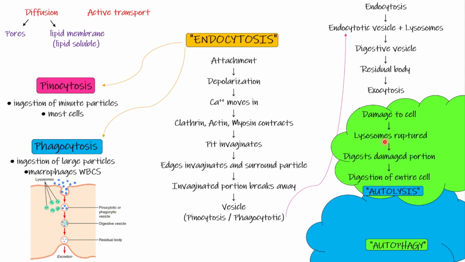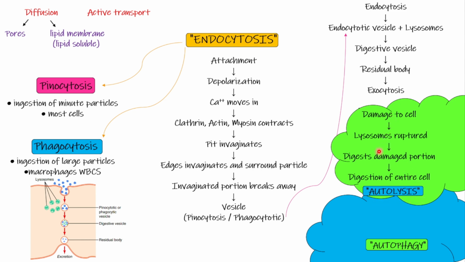And these enzymes will start eating the damaged portion of the cell. And if the damaged portion is larger, these enzymes have the ability to digest the entire cell. Okay, so this is known as self-lysis or autolysis.